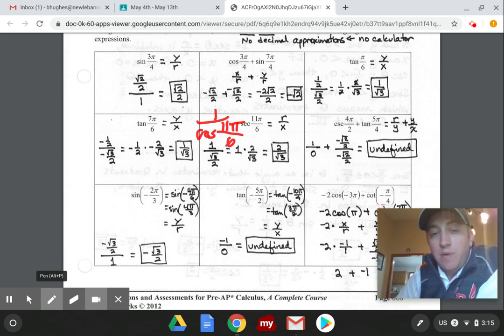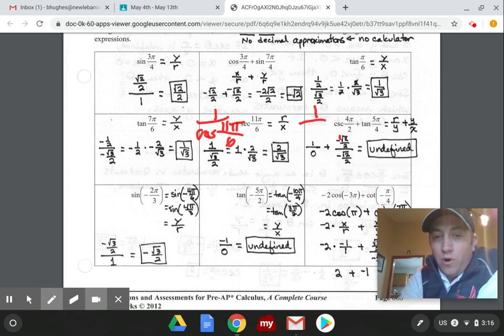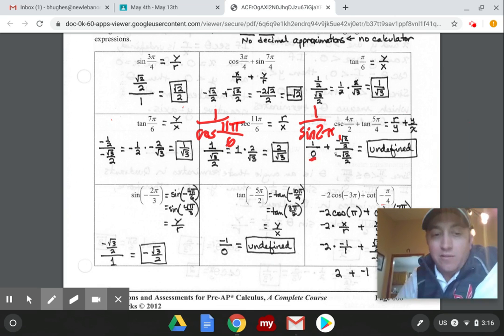So I go to 11 pi over 6 and I look for the x value, and then I have a little bit of arithmetic to do there. Cosecant would be 1 over sine. So we're looking at 1 over sine of 4 pi divided by 2, which is just 2 pi. So I would need to evaluate at 2 pi, all the way around the circle. What is the y value? It's 0. That's why that answer is undefined.